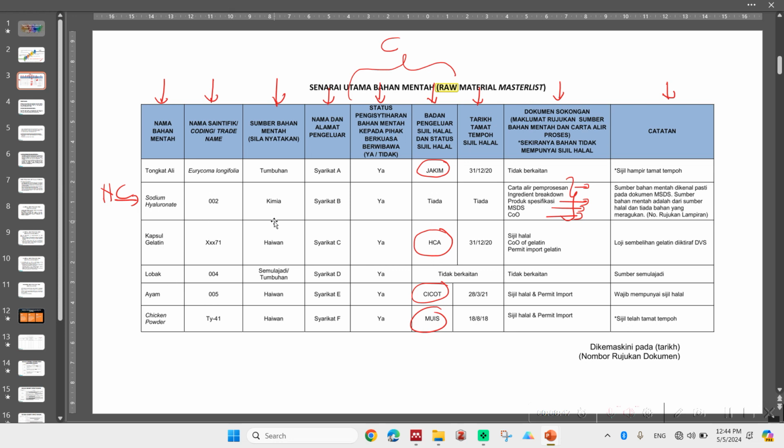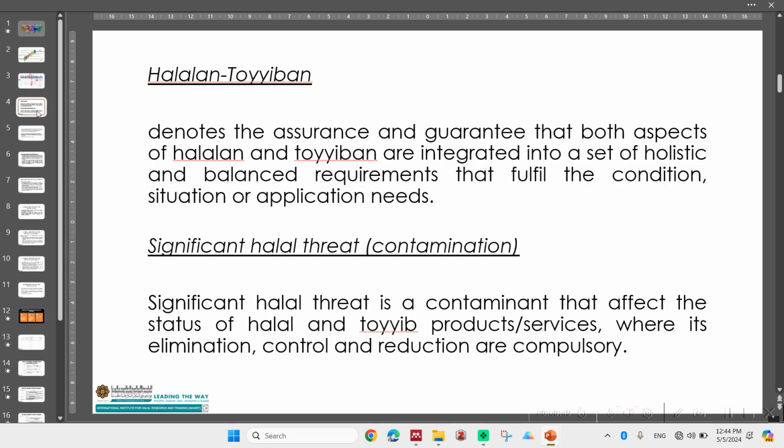So talking about this topic of halal critical point or halal control point, we shall start with the concept of halal toiban first. We know the concept of halal toiban is that your ingredient or your processes don't have contamination in terms of porcine, no alcohol, no pork.